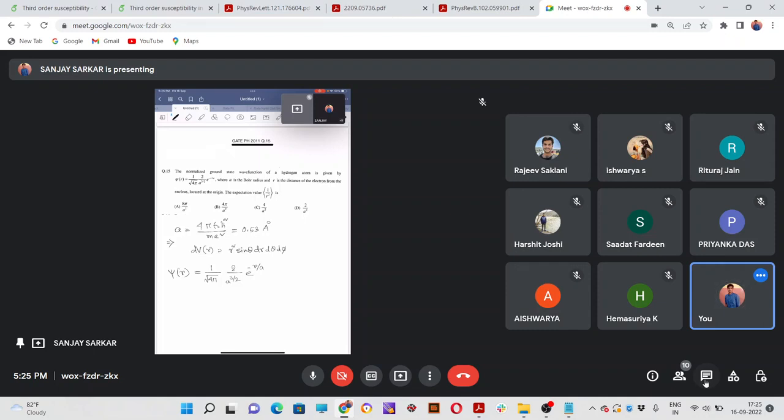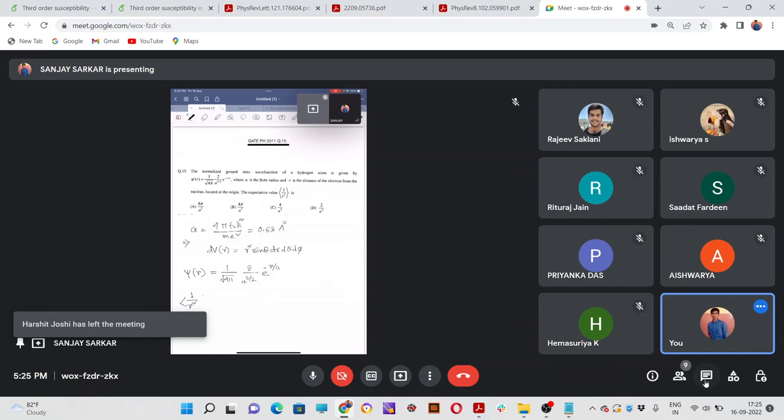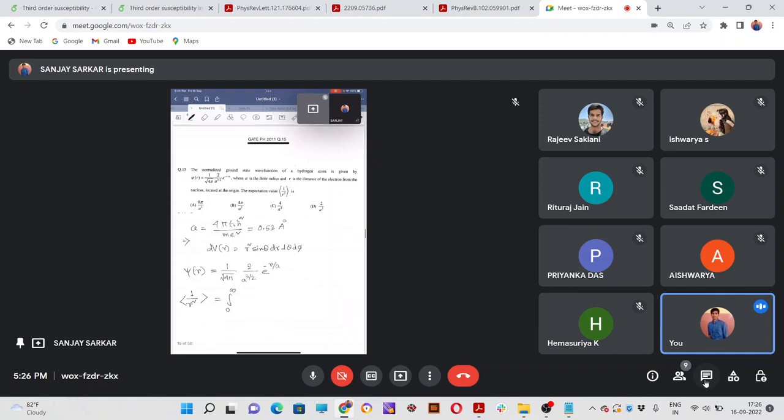So we are asked to calculate the expectation value of 1 by r square. So the expectation value of 1 by r square is an integral from 0 to infinity. Let's first not specify the limit.